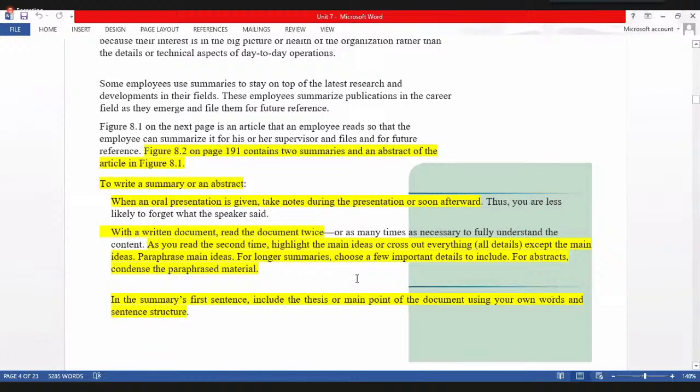You have already highlighted the main ideas, and then by including the main ideas, you have paraphrased, you have written in your own language, and then whatever you have written in your own language by using the main ideas, then what you do? You summarize that. That becomes abstract.